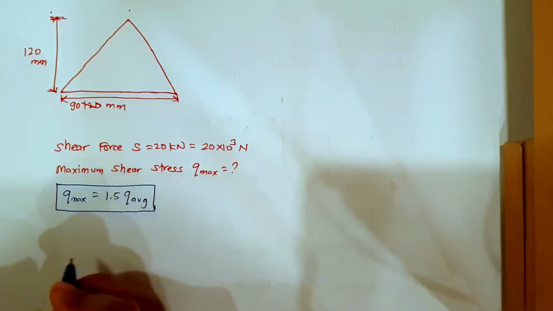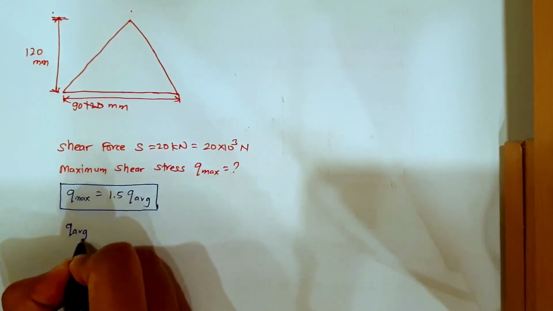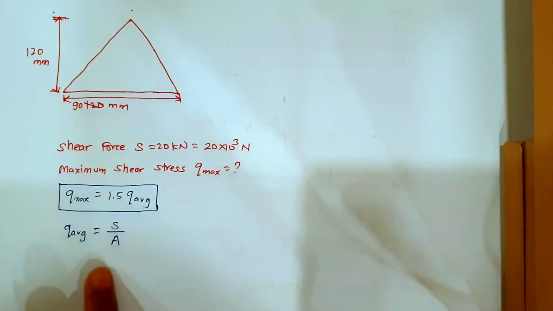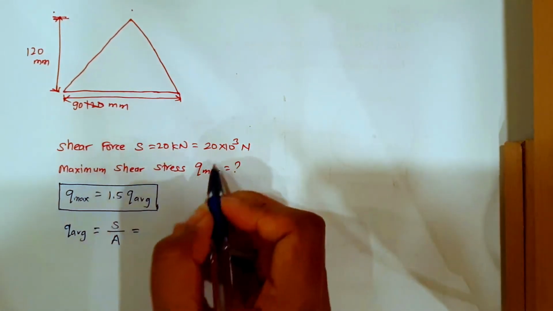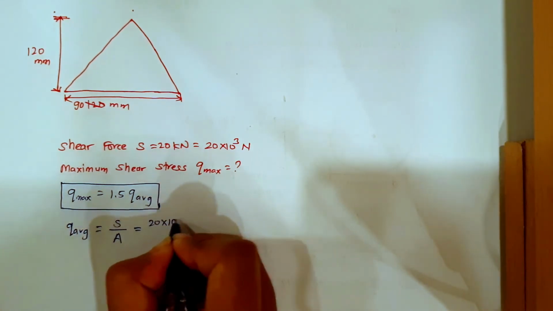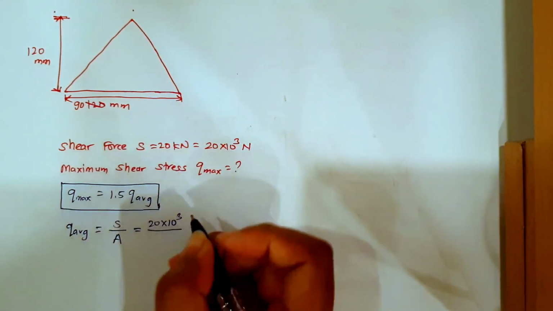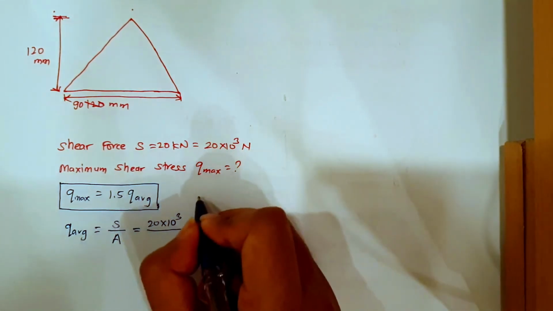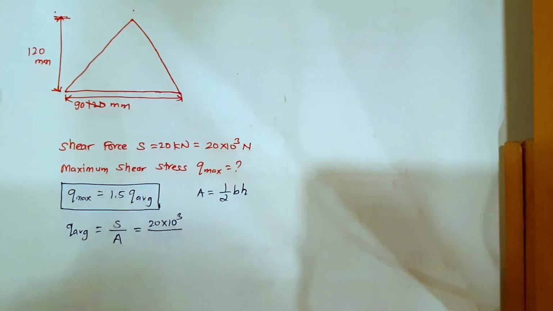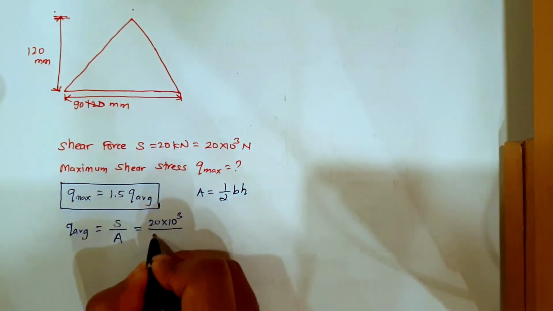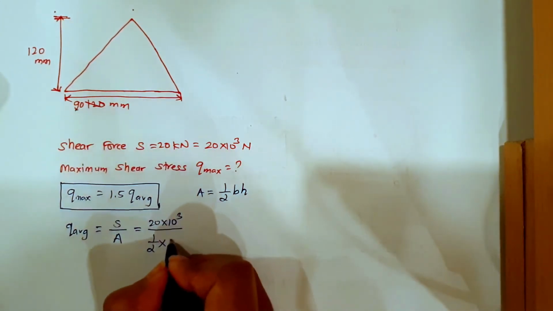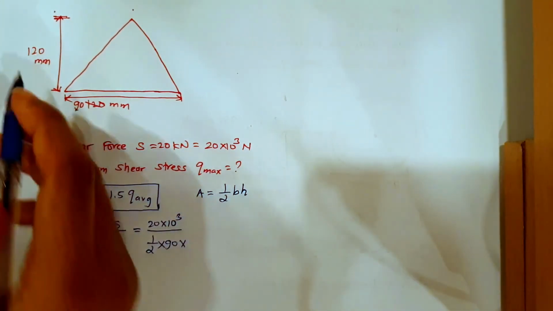Now Q average will be equal to shear force by area. Again, this formula is not changing. What is the shear force given? Shear force given is 20 into 10 raised to power 3 divided by the area. Now what is the area of a triangle? Area of the triangle is half base into height. So area will be half into base, base is 90, into height, 120.